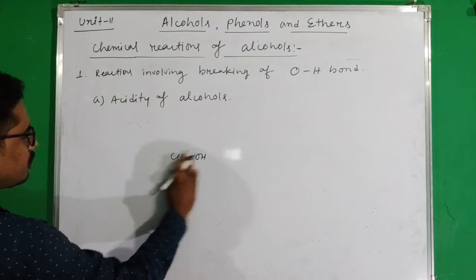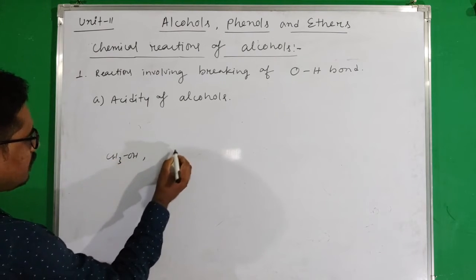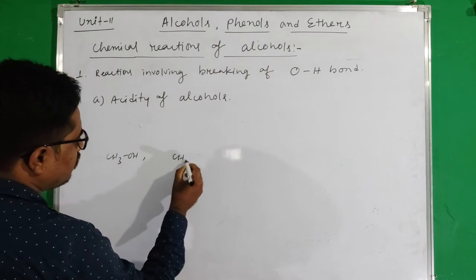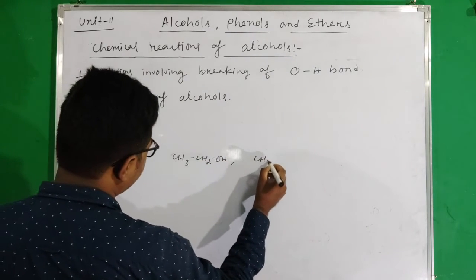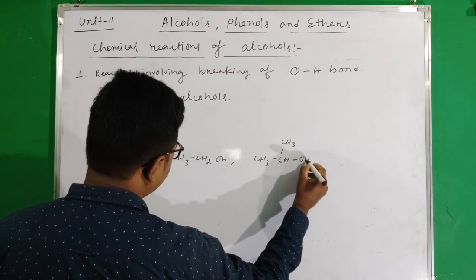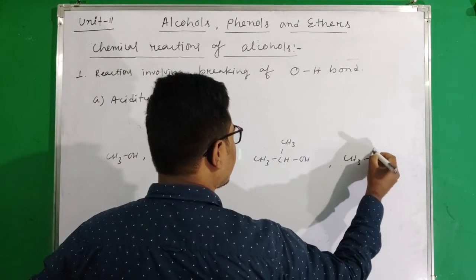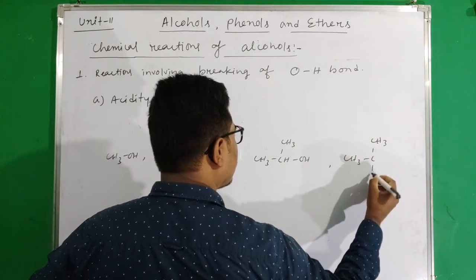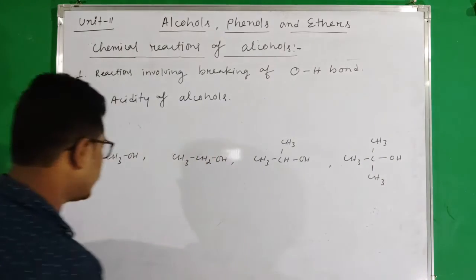First one is methyl alcohol, CH3OH, and then let us consider one primary alcohol CH3CH2OH, and then suppose CH3CHCH3OH, a secondary alcohol, and then finally one tertiary alcohol.